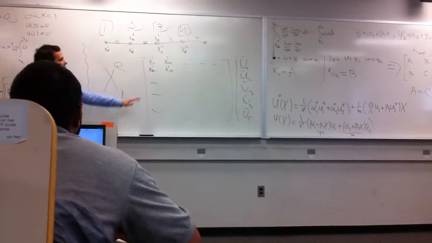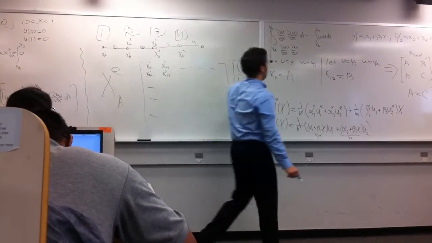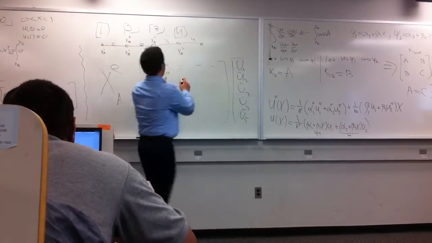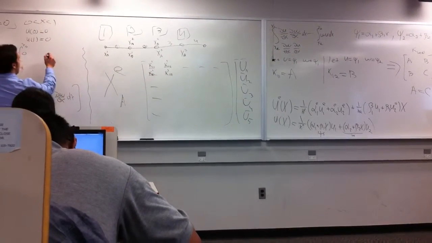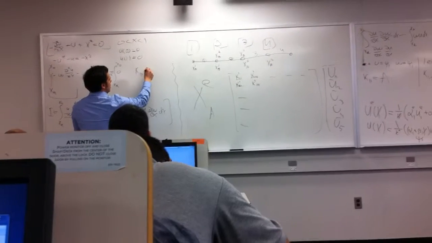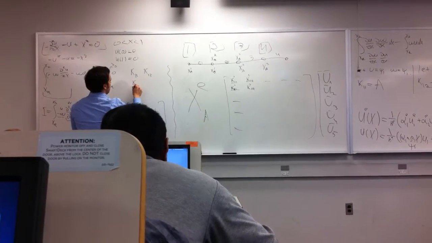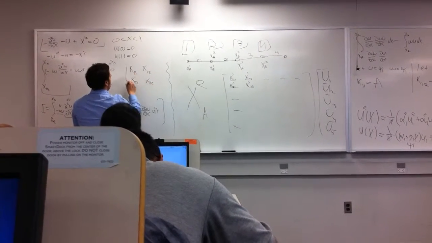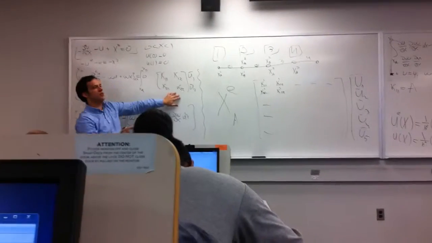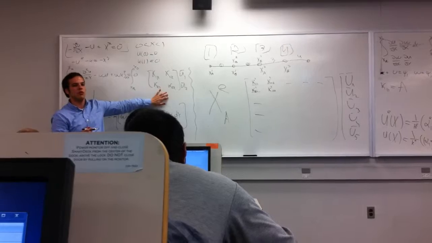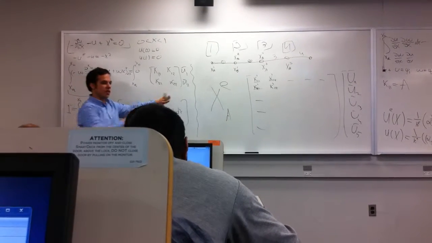So this is equivalent to, if I fill everything else here with zeros, K11, K12, K21, K22 times U1, U2. That's my definition of my local matrix right there. All right, so that's equivalent.